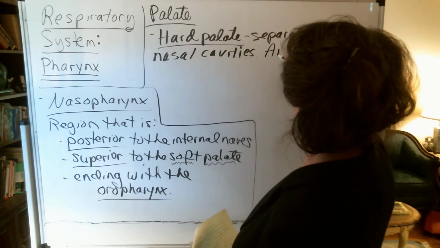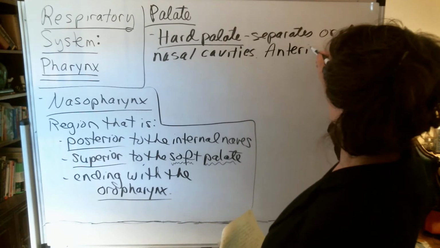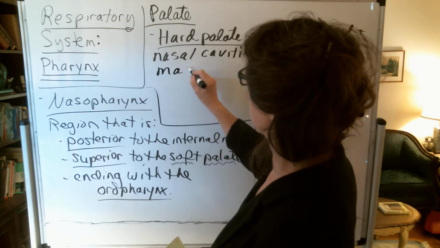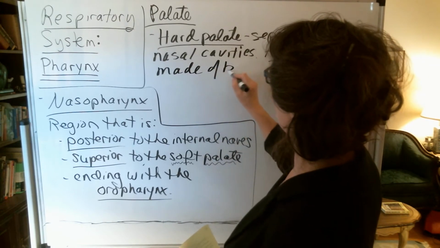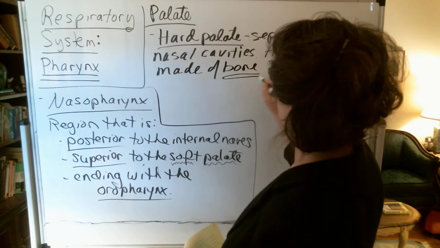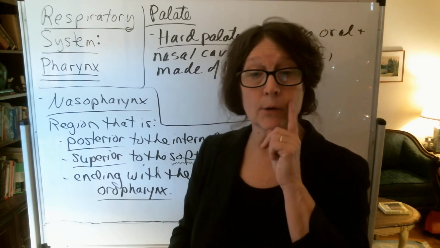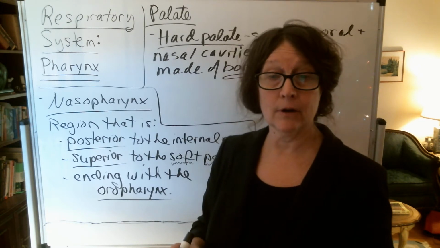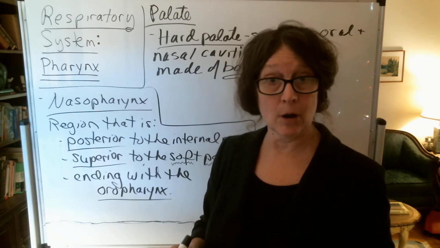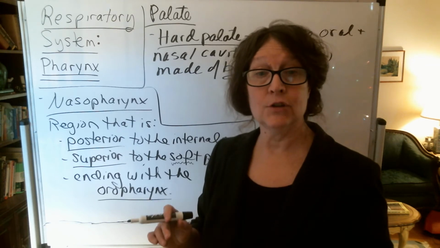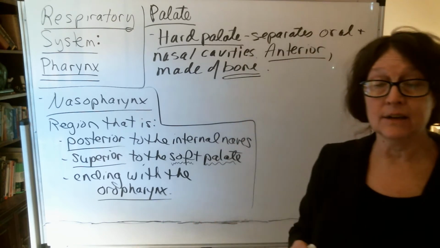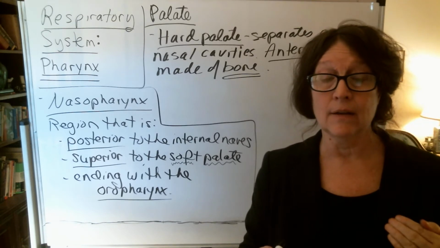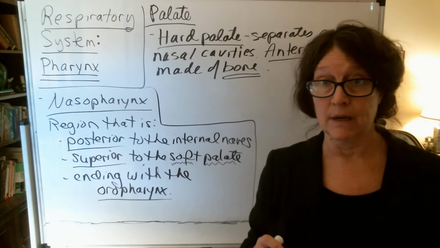It is anterior, and it is made of bone. It's basically right behind your upper front teeth. And although there's a little bit of soft tissue immediately there, underneath it, it is made of bone.